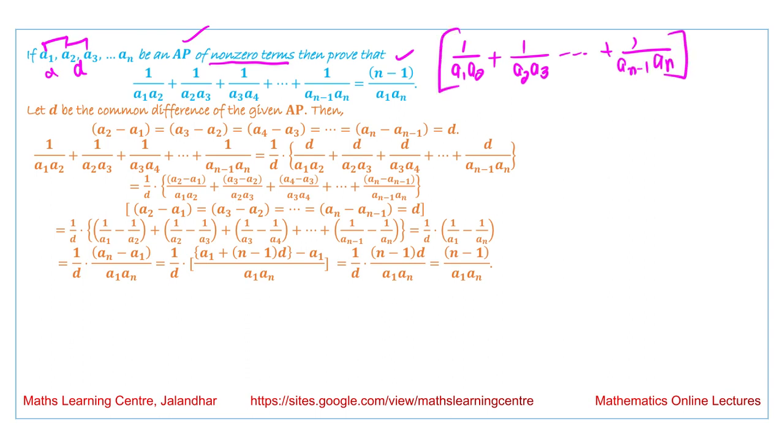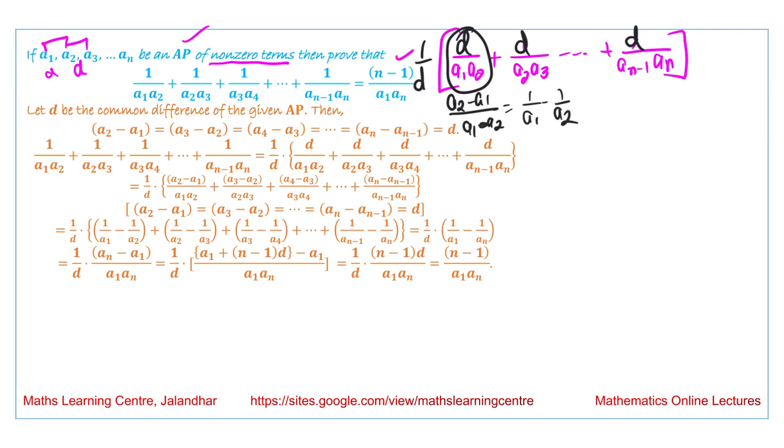If we multiply and divide the numerator and denominator with d, for this first term we are writing it as (a2 − a1)/(d·a1a2). So that is equal to 1/a1 − 1/a2.